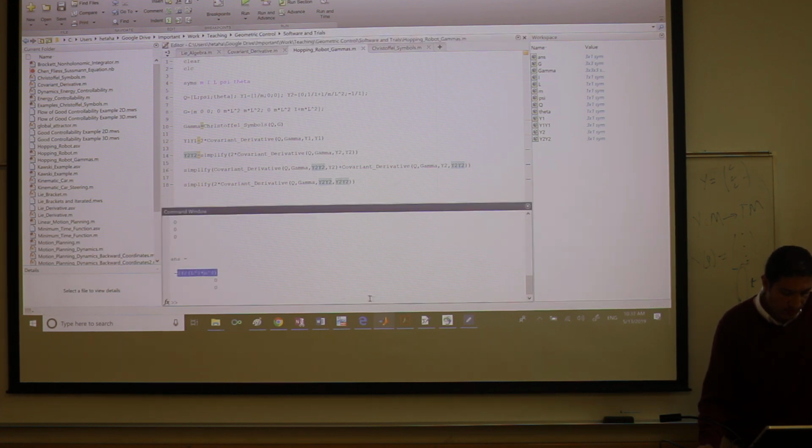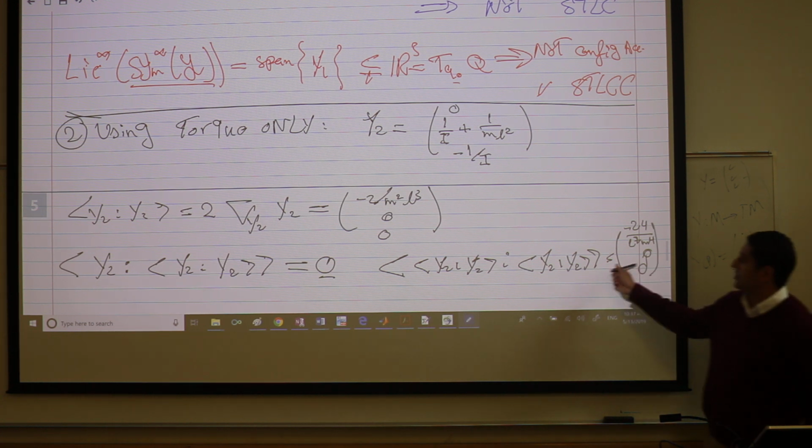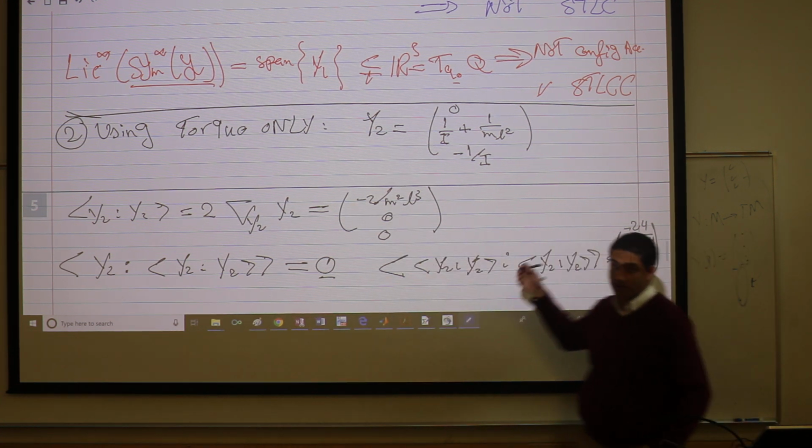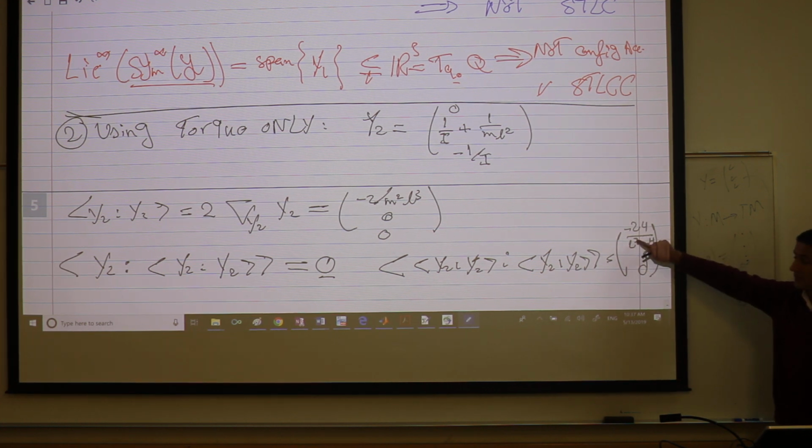This guy M4, L7, and 24. So this first was 0. And the symmetric product of this guy with itself was something like negative 24, L7, M4, I guess. But this is not a new direction, it's actually in the same direction. And if you keep doing this, you will not get anything beyond just the first component.